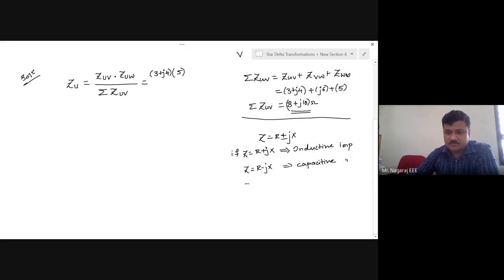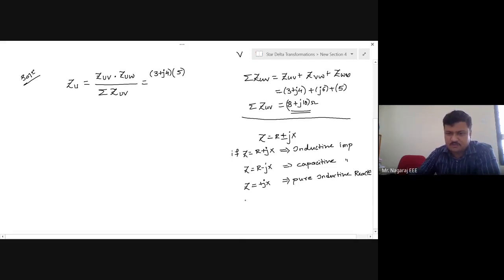Now, if Z is equal to plus Jx, it is pure inductive reactance. When I say impedance, it is the combination of resistance and reactance.